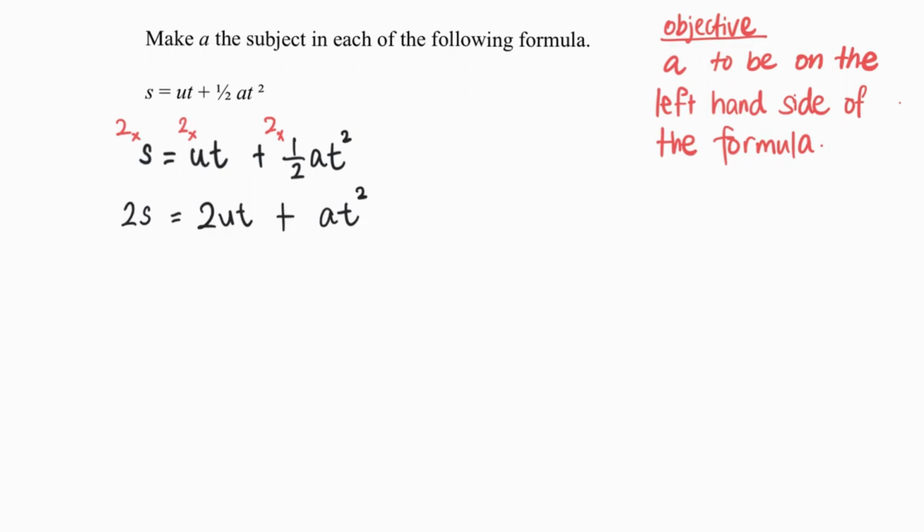And I see my at squared is already on one side. I'm going to make sure that the 2ut will be on the other side of the equation by minusing 2ut on both sides, so that you will see this.